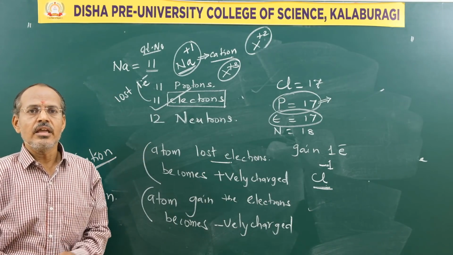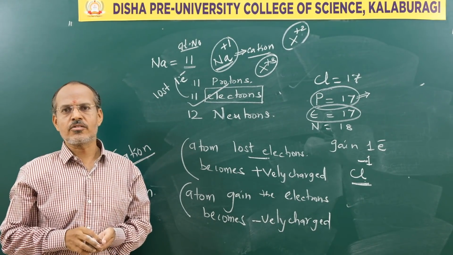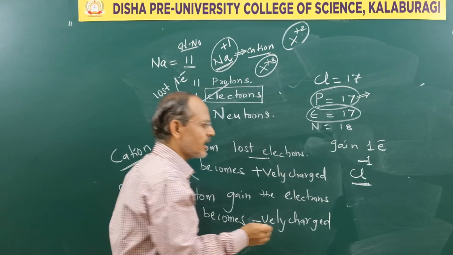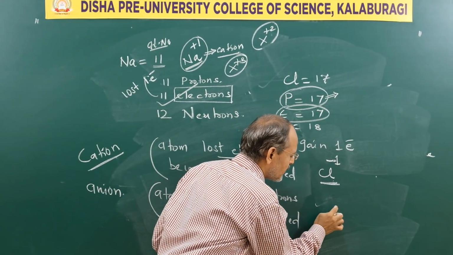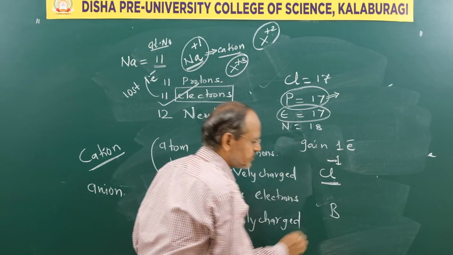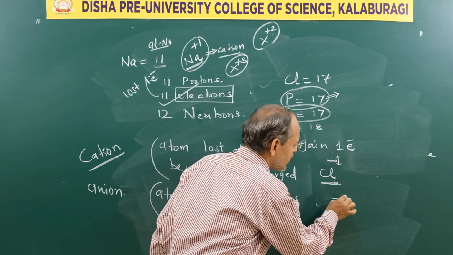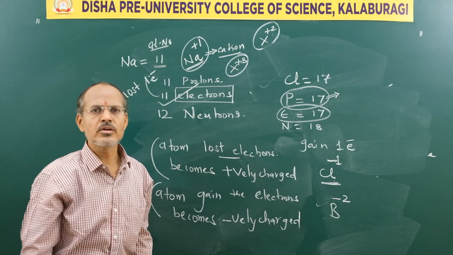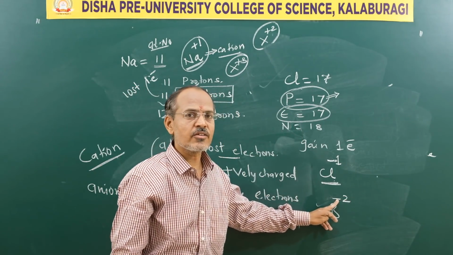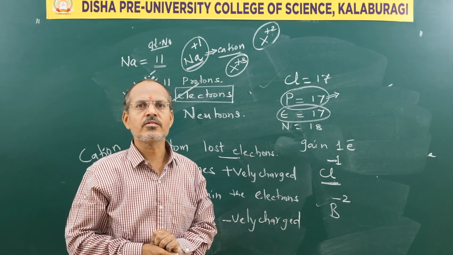Like that, if the atom or molecule gains 2 more electrons, for example, I will write a molecule as B. If it gains 2 electrons, then I can write B minus 2. What does this minus 2 indicate? It gains 2 electrons.